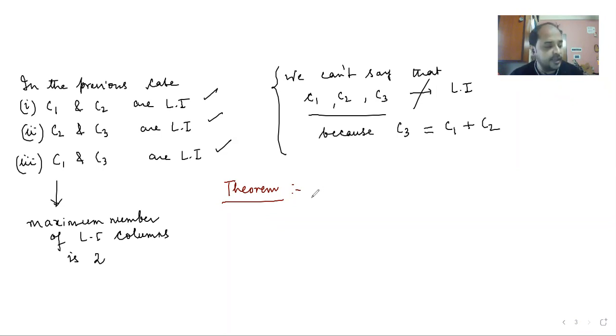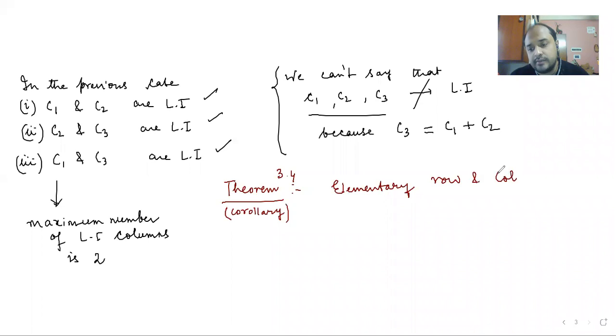The theorem number is 3.4, and I'm writing its corollary to theorem 3.4, and it says that elementary row and column operations on a matrix are rank preserving.